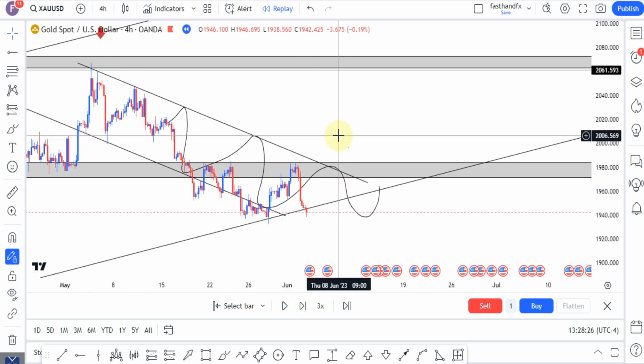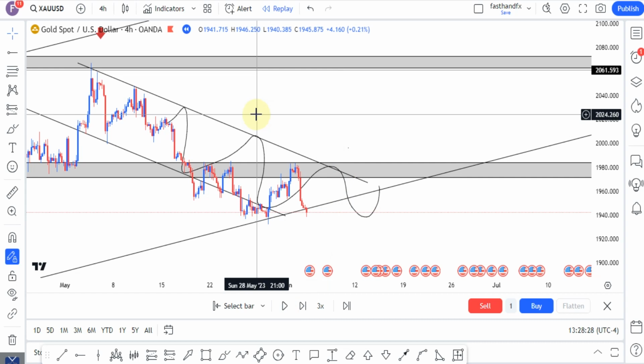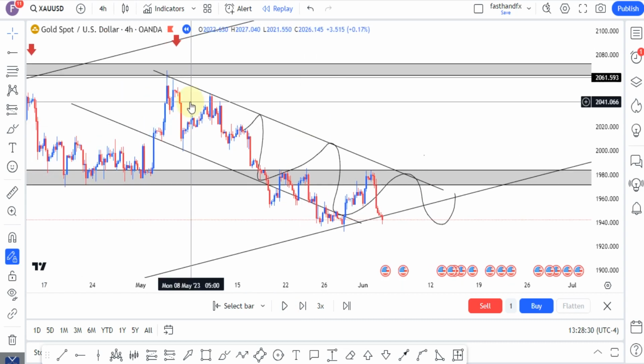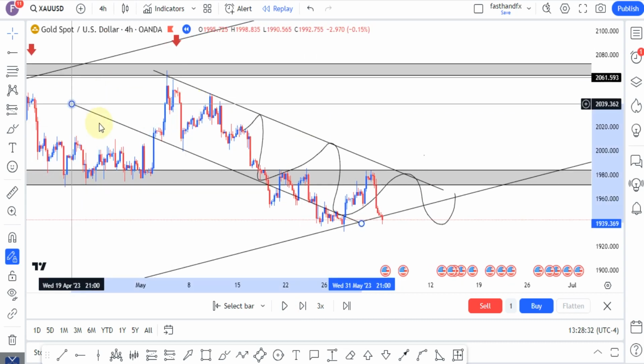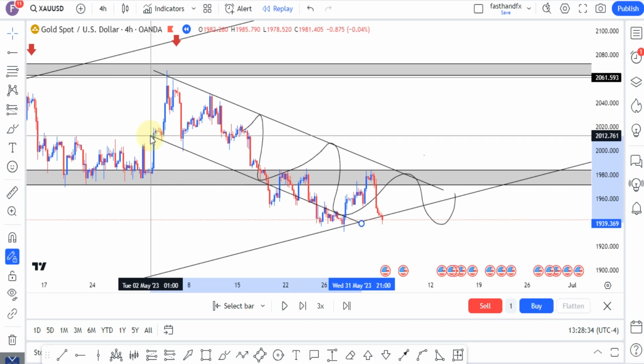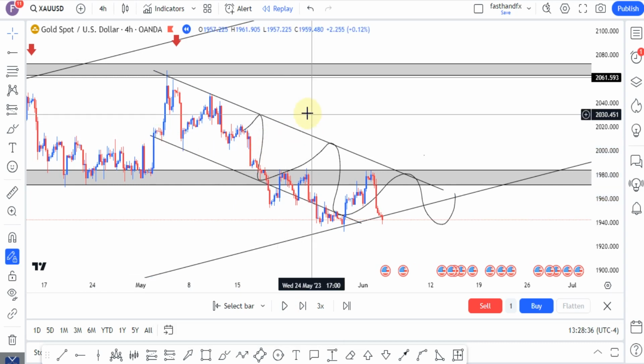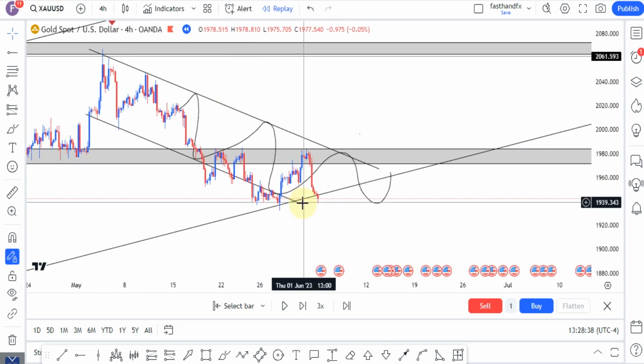So see guys, the market did this. It gave us this correction. As you can see, this correction.